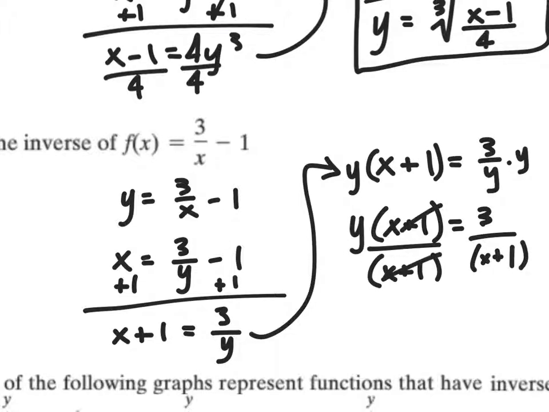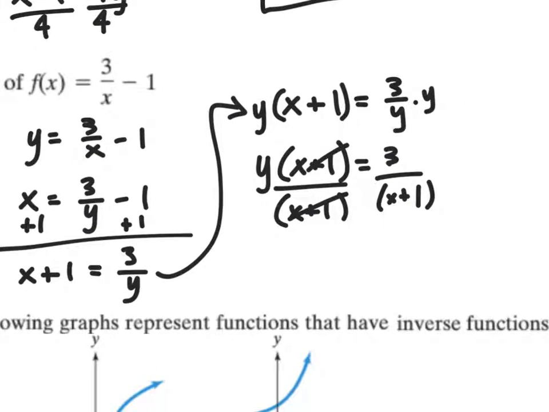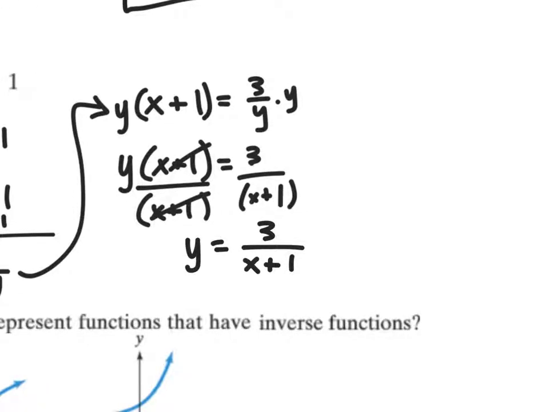And those are going to divide out. And I'm going to get that y is equal to 3 over x plus 1. At this point, I want to write this as f inverse of x is equal to 3 over x plus 1. And that's our answer.